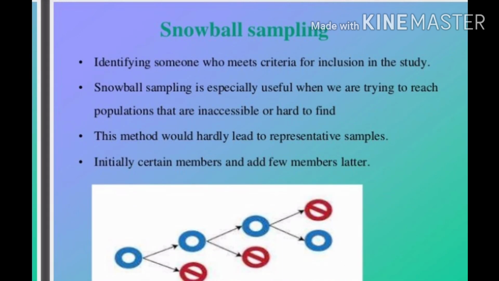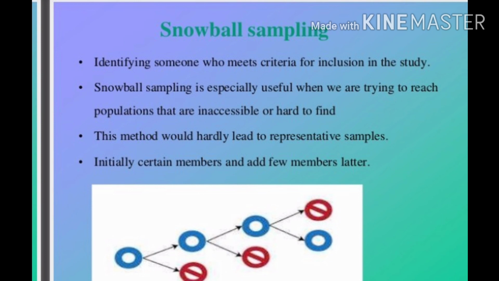Snowball sampling. Identify someone who meets the criteria for inclusion in the study. Snowball sampling is especially useful when we are trying to reach populations that are inaccessible or hard to find. This method would hardly lead to representative samples. Initially certain members are selected, and a few members are added later.